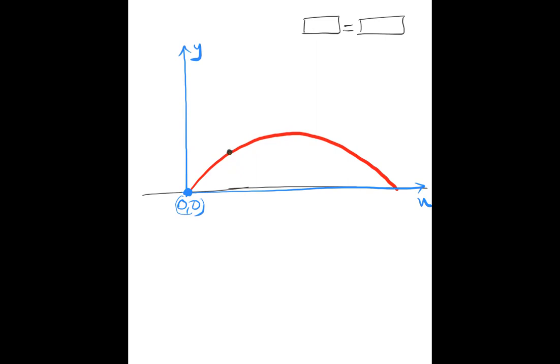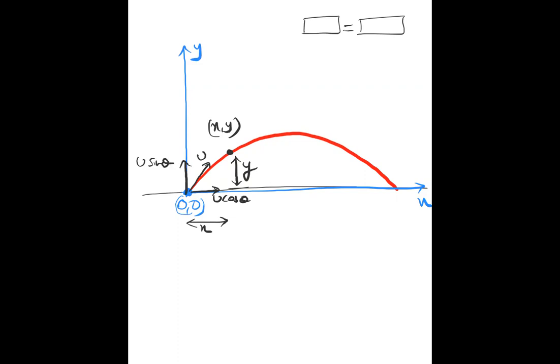Suppose you are at a particular point x comma y. This is the horizontal distance you have traveled, and this is the vertical distance you have traveled. This is your velocity, this is the horizontal component of the velocity, and this is the vertical component of the initial velocity.